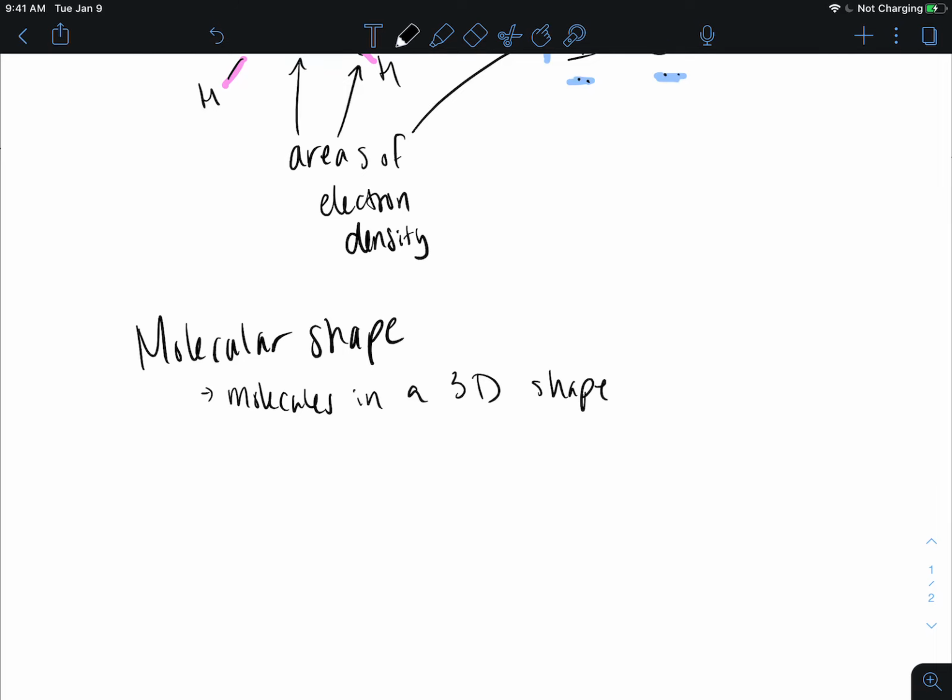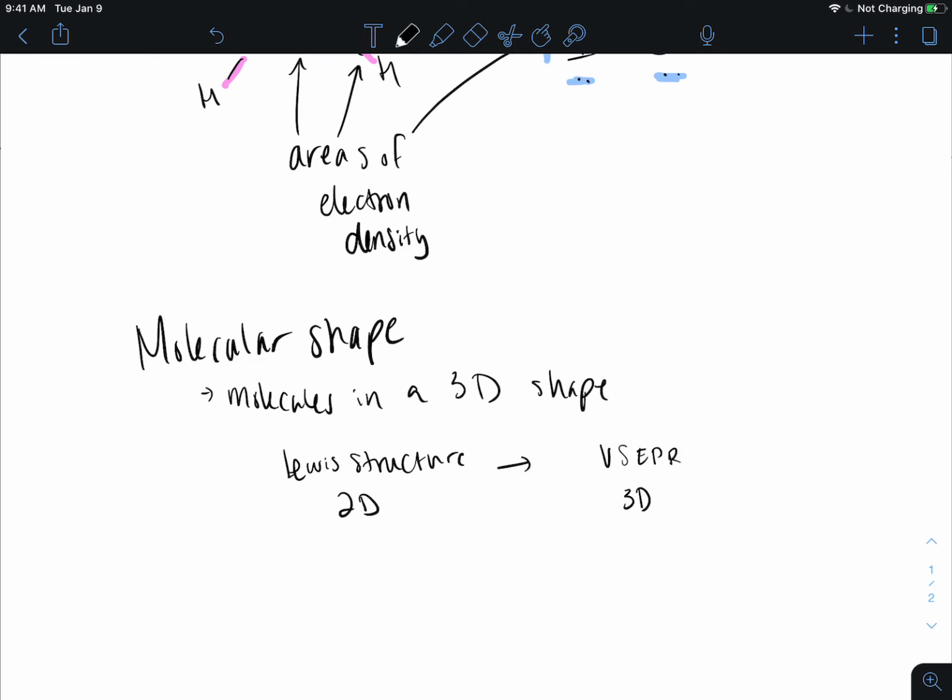So we're taking a Lewis structure, which is two-dimensional, and we're applying electron repulsion rules, or looking at how electrons repel, to give us our VSEPR, which gives us a three-dimensional view of our structure.